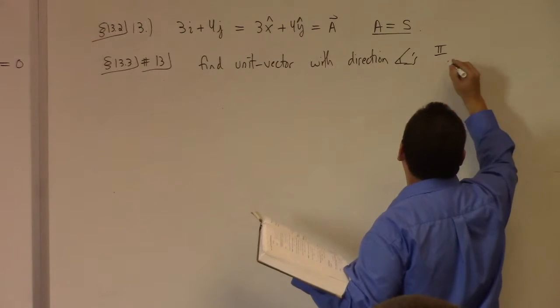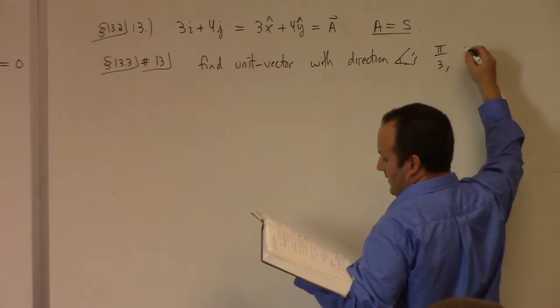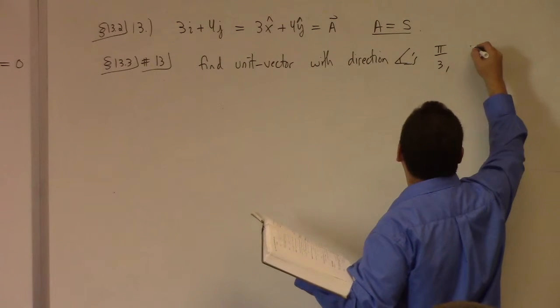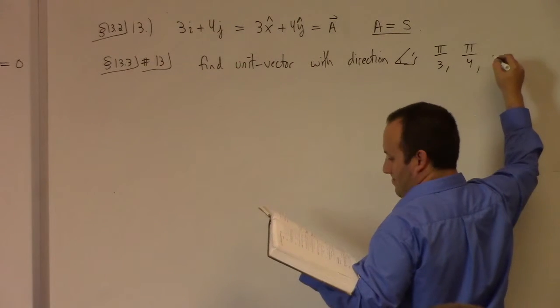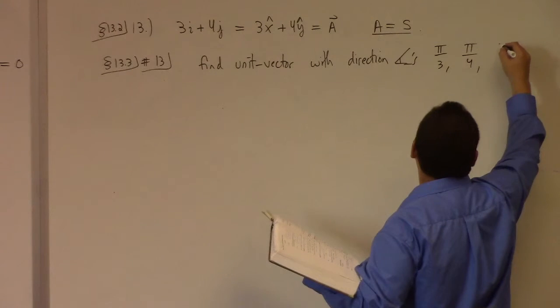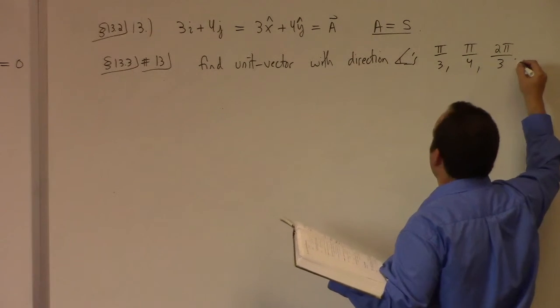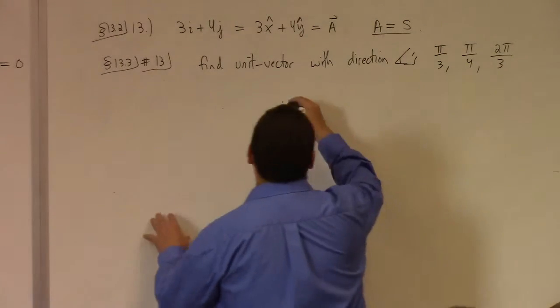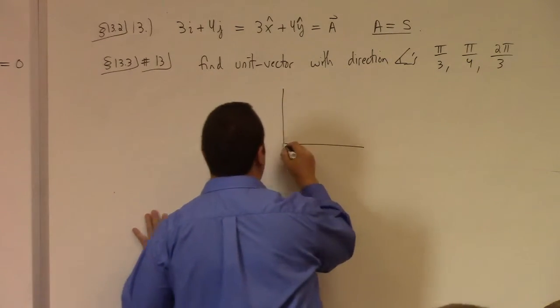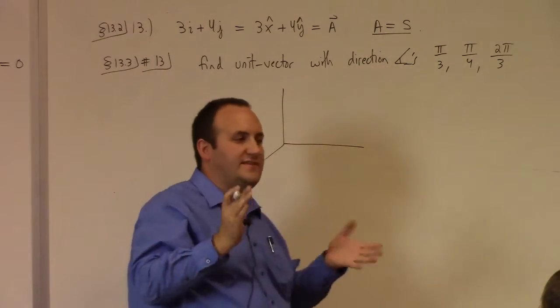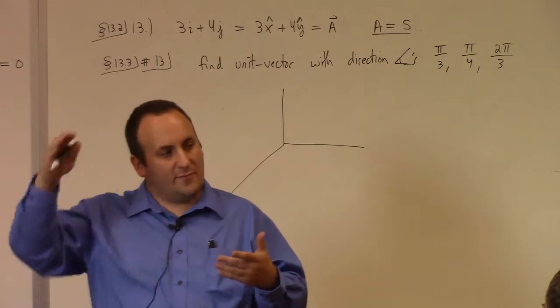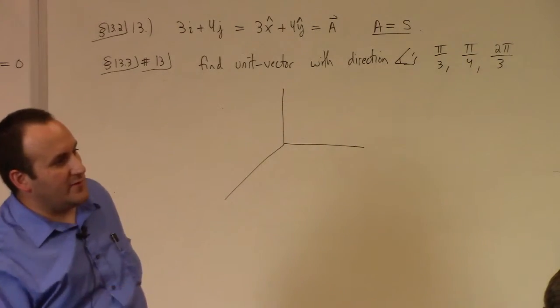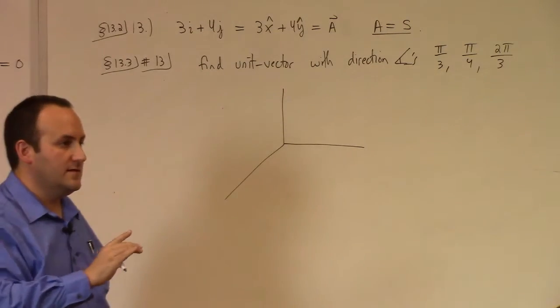Well, it's pi over 3, pi over 4, 2 pi over 3. Okay, thank you, sir. What I would guess is that they're using each axis as sort of like a polar coordinate plane, but not really a polar coordinate. The standard angle is based on taking the vector, projecting it down to the xy plane and sweeping over. These angles are not like that.